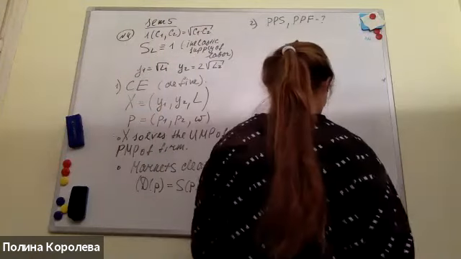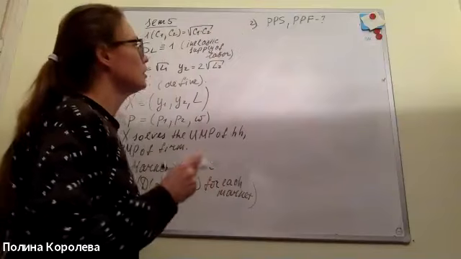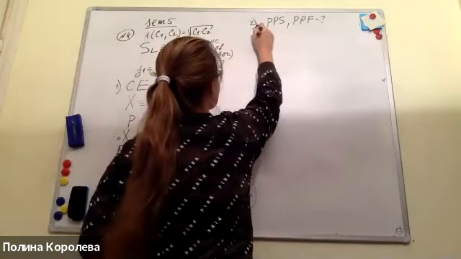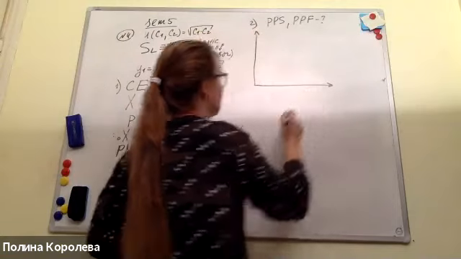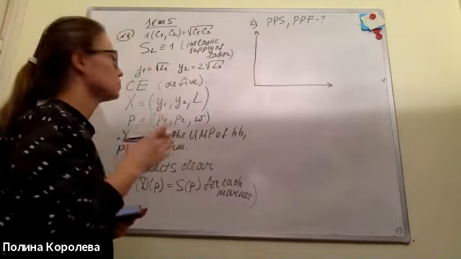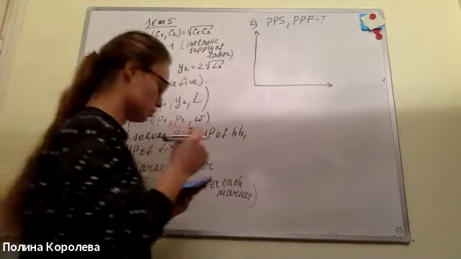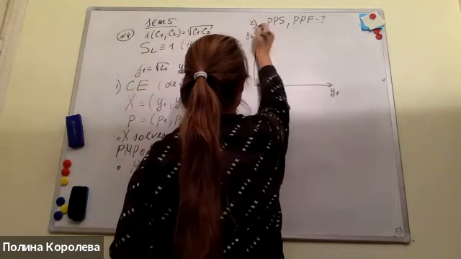So let's find it. On what axes will we draw the graph? Let's name the axes. The axes of goods that we produce. We produce good 1 and good 2. So here will be Y1, good 1, and good 2.